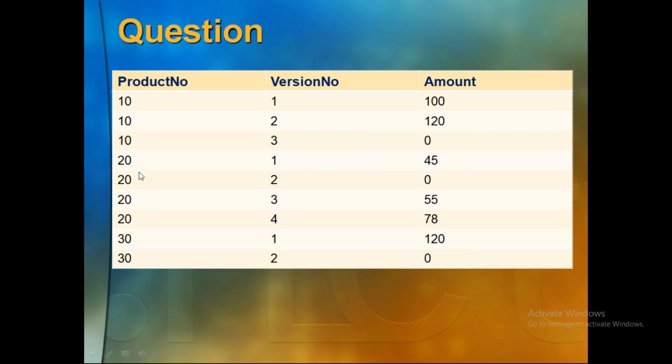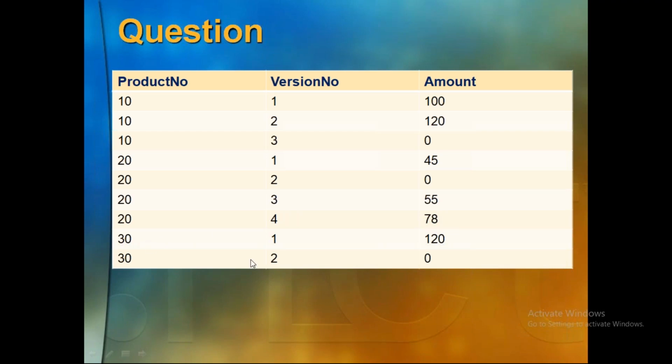Product 20 has 4 versions, and it has the second version as 0, but the highest version is 4 here. For the highest version, we need to have 0. So the second product should not get listed, because they're asking for the highest version of the given product, and if the amount for it is 0, then bring it out.